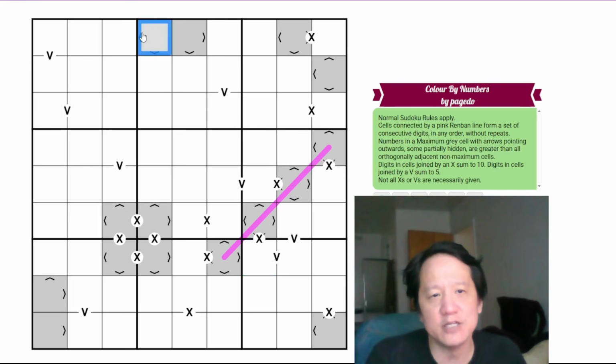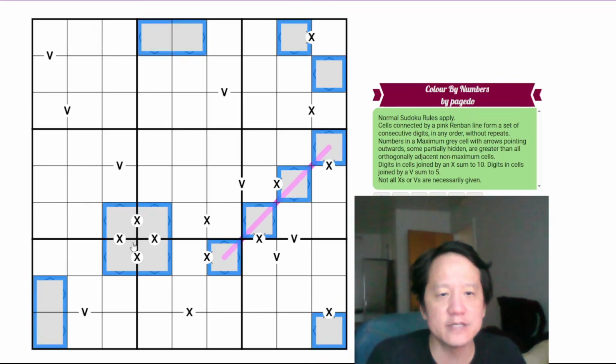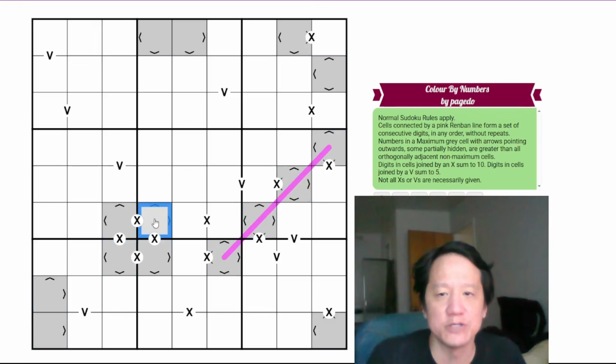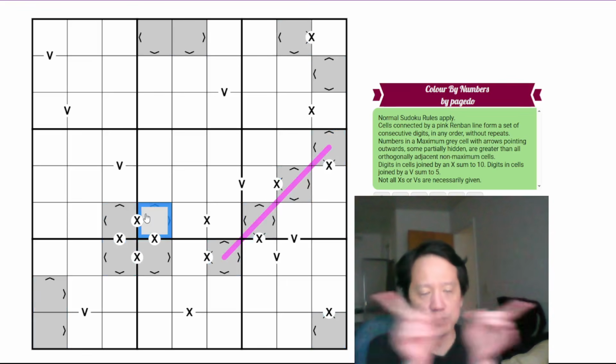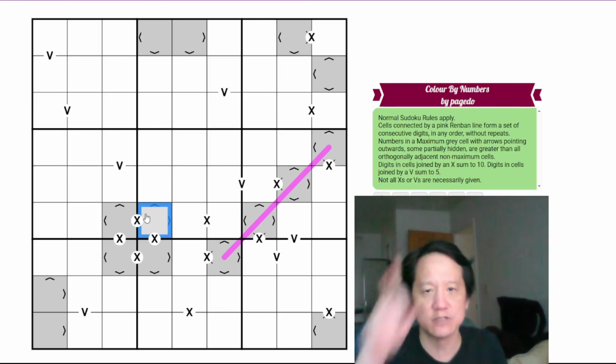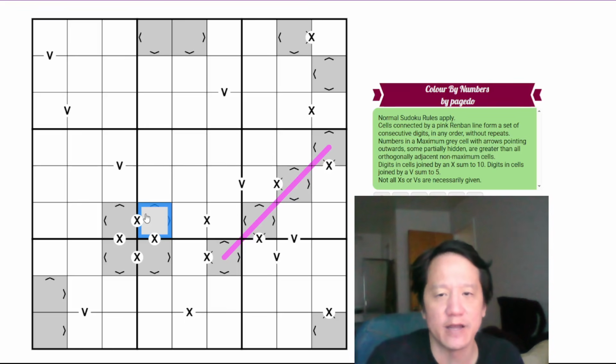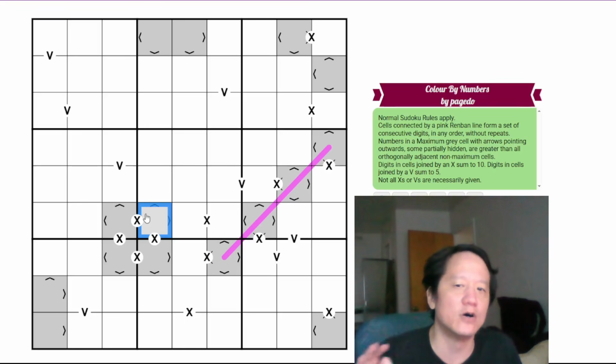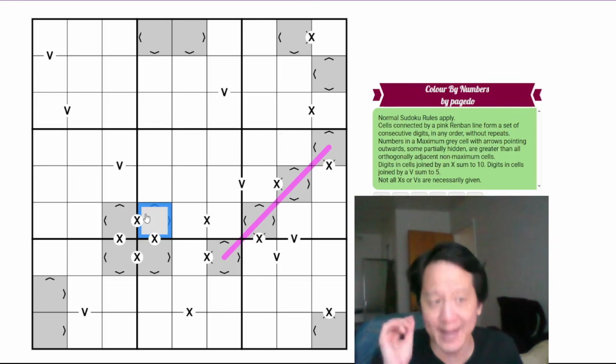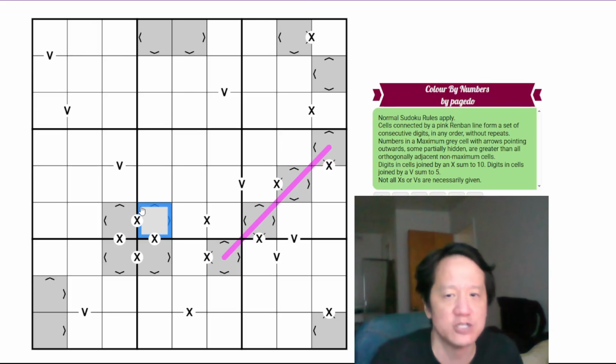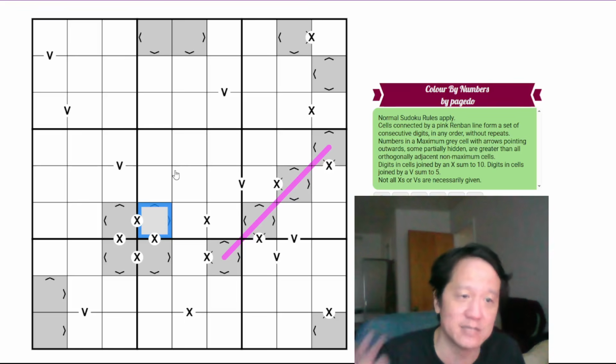Basically, any cell in the maximum gray cells must be greater than all cells that share an edge with it, which is what orthogonally adjacent cells are, and that are non-maximum cells.